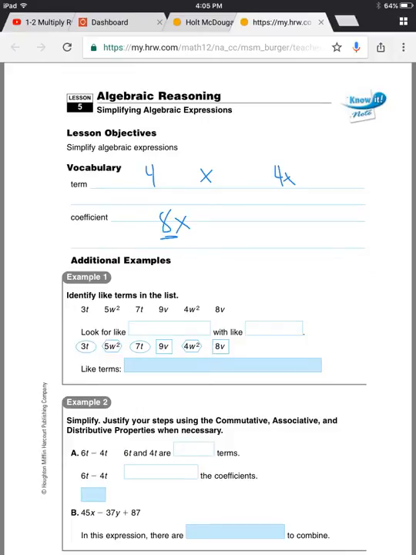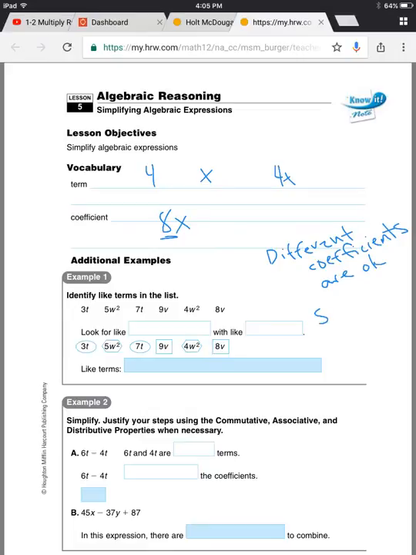So today we are looking at like terms. Like terms can have different coefficients. They don't have to, but different coefficients are okay.